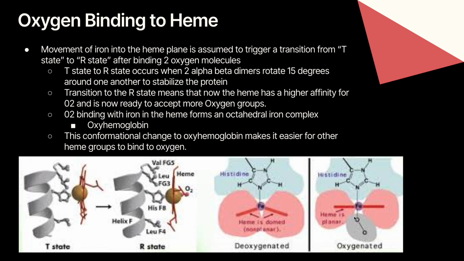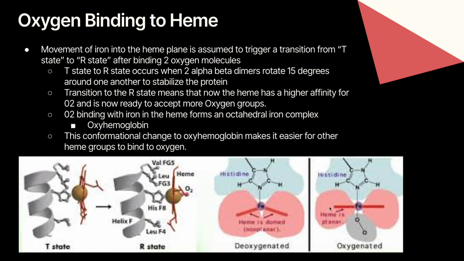When we do become attached now to these 2 oxygen, heme now becomes more planar and thus able to accept more oxygen in this state. And again, this is the R state as it becomes more planar.